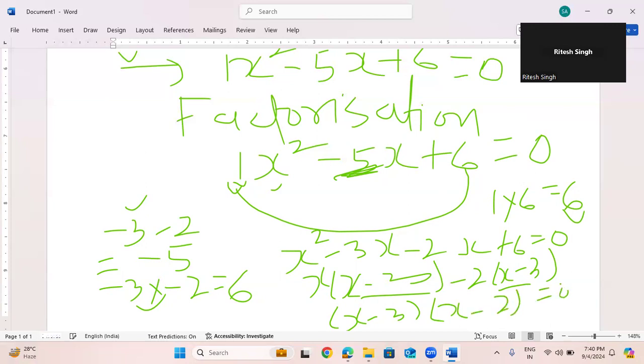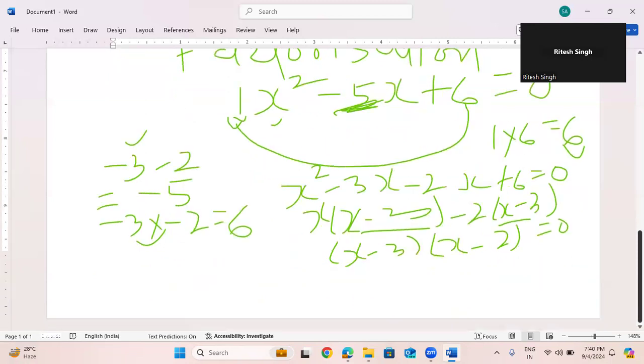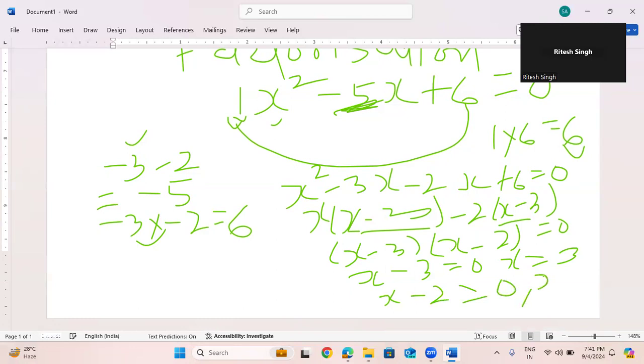Now we will solve it. This is very simple to solve. We can write it as x minus 3 is equal to 0. So x will be what? x will be equal to 3. This minus will go on the right side and it will become plus. Similarly, x minus 2 is equal to 0, and this means x is equal to 2.